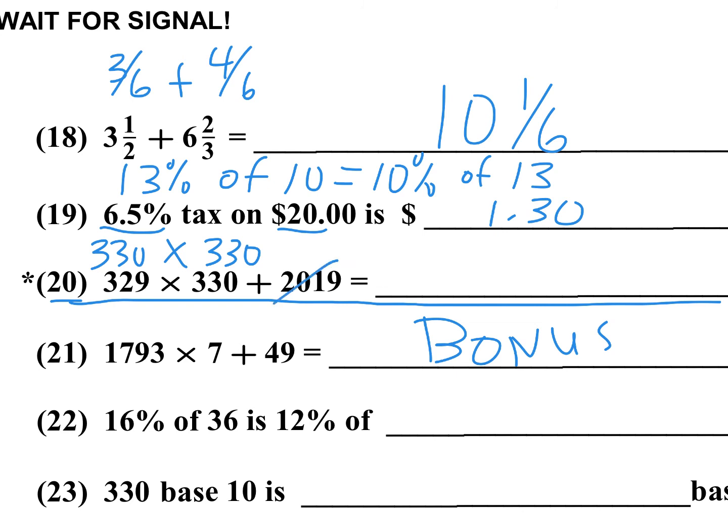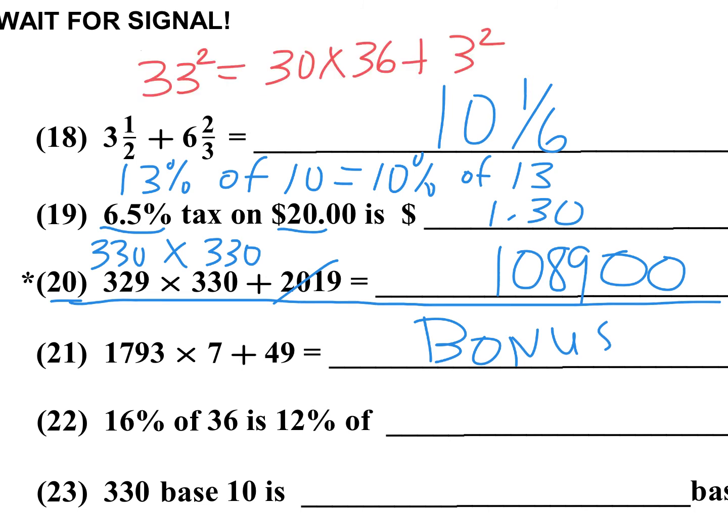I'm going to do 330 squared, so I'm going to write 2 zeros, and then 33 squared is 1,089. Do you know how to square 33? Well, first of all, if you have it memorized, it's pretty easy, 1089. If you have not memorized 33 squared, then you're going to use a special shortcut. A special shortcut for 33 squared would be add 3, subtract 3, so you get 30 times 36.